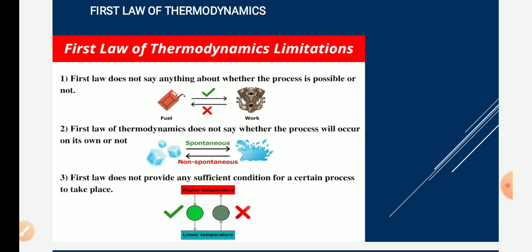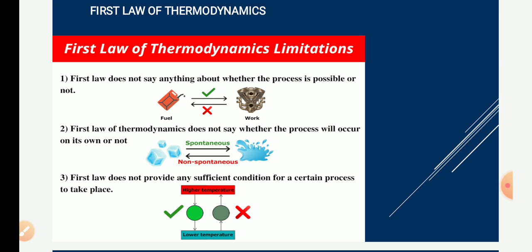Like this, it doesn't explain how the processes occur, or how the first law will be obeyed. Some things can't be explained by the first law of thermodynamics. The second point is that it also doesn't explain whether a process will occur on its own or not.